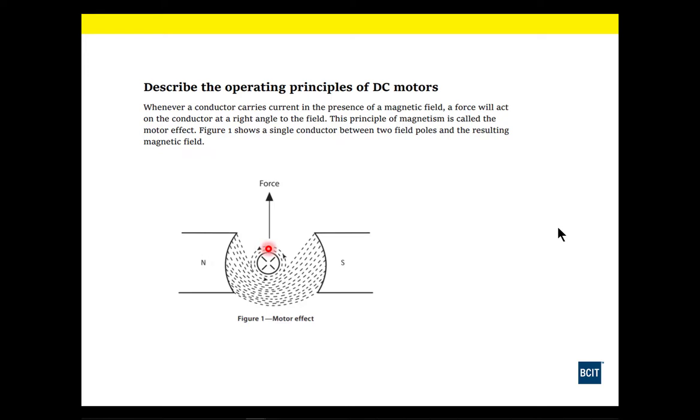That means if you use your left-hand rule for conductors, we're going to have a magnetic field around our conductor in a counterclockwise direction from our perspective right now. If we have a north and a south pole in this configuration and the current going in that direction, where the lines are going in the same direction, they're going to try to repel each other, which is going to force that conductor up. That's called motor action.